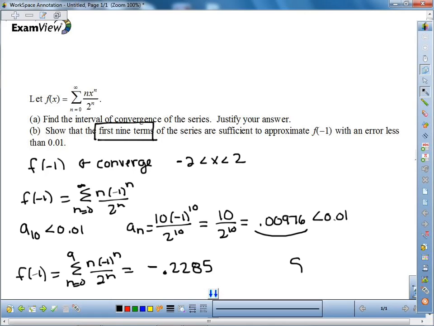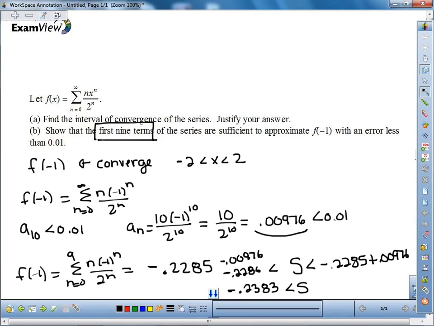So my sum is going to be between negative 0.2285 plus 0.00976 and negative 0.2285 minus 0.00976. So the sum of the series is going to be between negative 2.383 and negative 2.187.